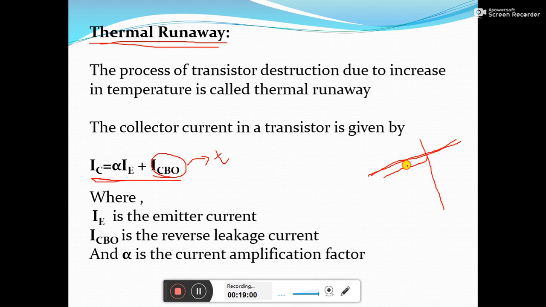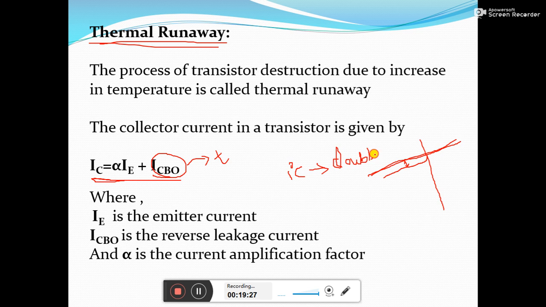This current we have to call the reverse saturation current, and it is due to minority charge carriers. This current is totally dependent upon the temperature. So there is a direct relation between ICBO and temperature. How? With each 1 degree Celsius rise in temperature, the ICBO almost doubles.